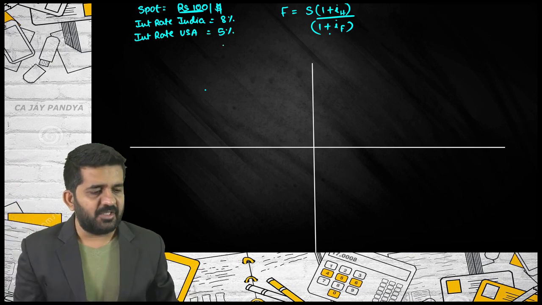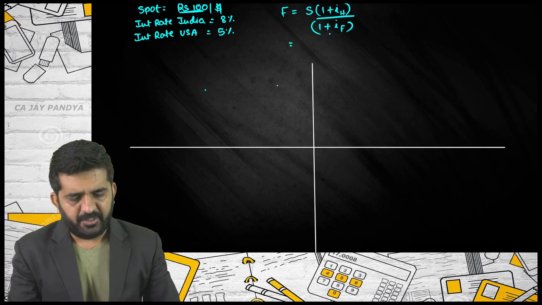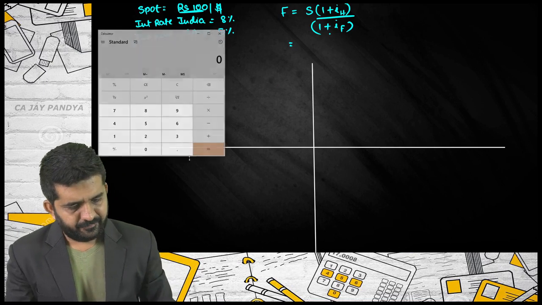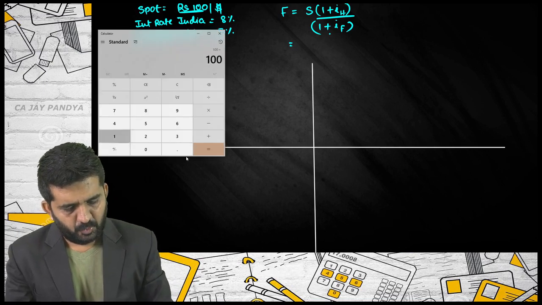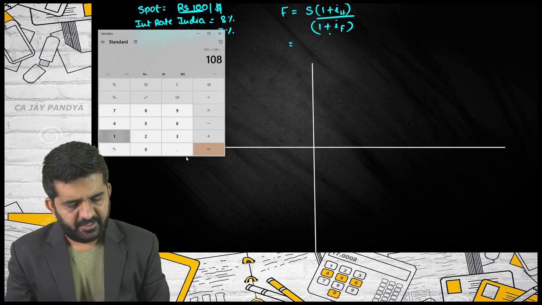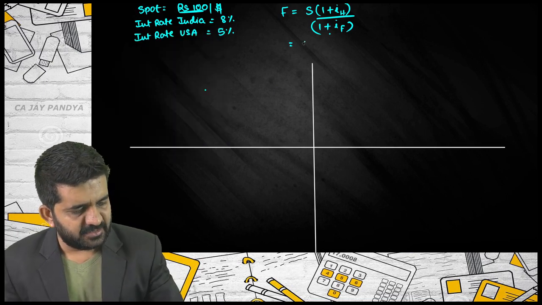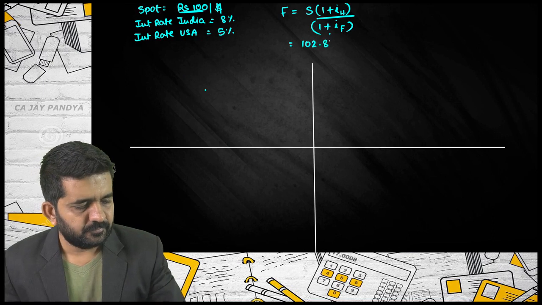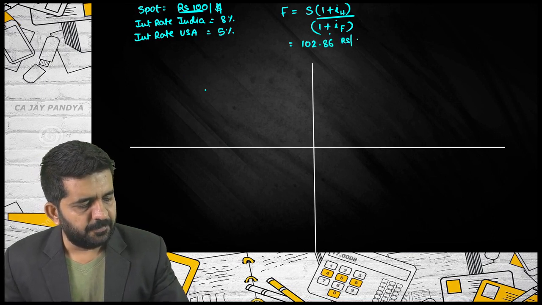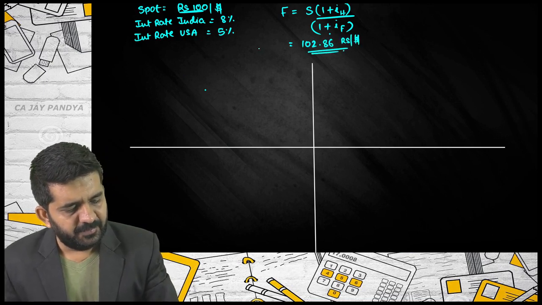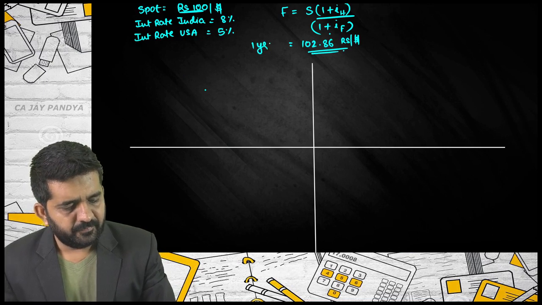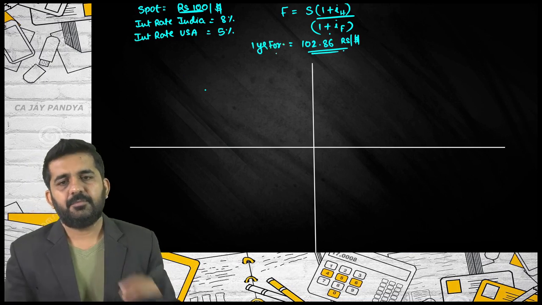Then our theoretical rate of forward is 100 into 1.08 divided by 1.05, which is 102.86 rupees per dollar, 1 year forward.